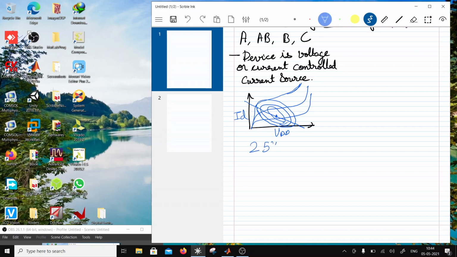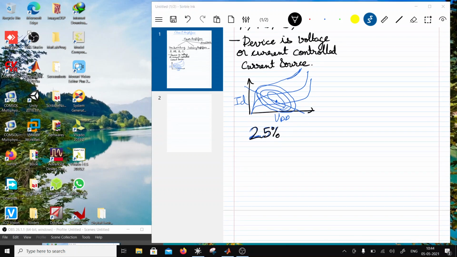Okay, so we are talking about 25% efficiency. Now, if you couple the output using a transformer, for example, you can get an ideal 50% efficiency. So this is what a Class A amplifier is.